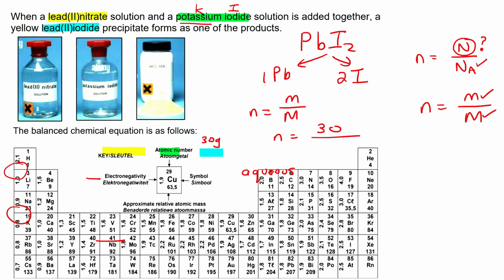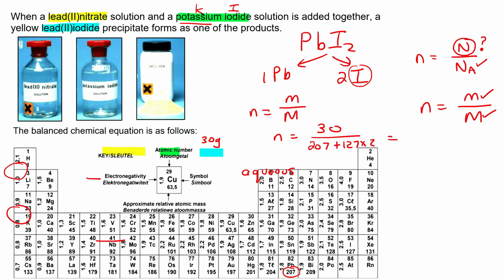So Pb is lead. Oh, here's lead over here. Okay, so it has a mass of 207. And then we've got iodine, which is over here. But we've got 2 of them. So we're going to say 127 times 2.